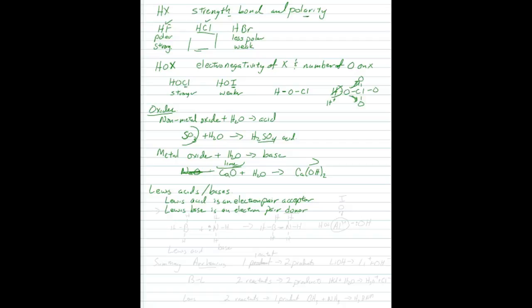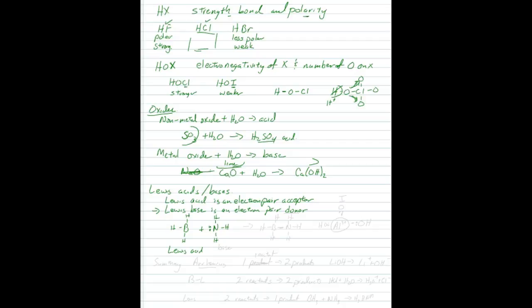If you have BH3, which is a very common Lewis acid, plus ammonia, the Lewis base, and you can always tell the base because it has a lone pair on it.